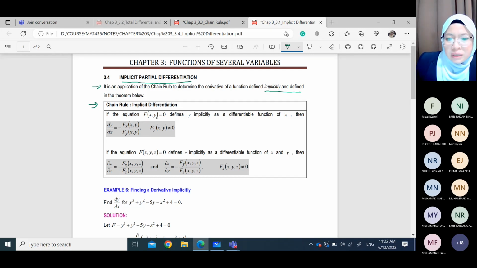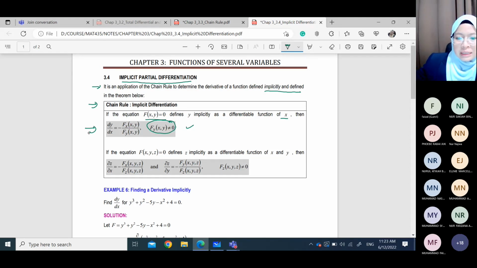If the equation f(x, y) equals 0 defines y implicitly as a differentiable function of x, then dy/dx is equivalent to negative the derivative with respect to x on f over the derivative with respect to y on f, where the derivative with respect to y on f does not equal 0. For this one, you have to set up the function equal to 0, and then we differentiate with respect to x on f over the derivative with respect to y on f. So this is the formula for implicit differentiation.